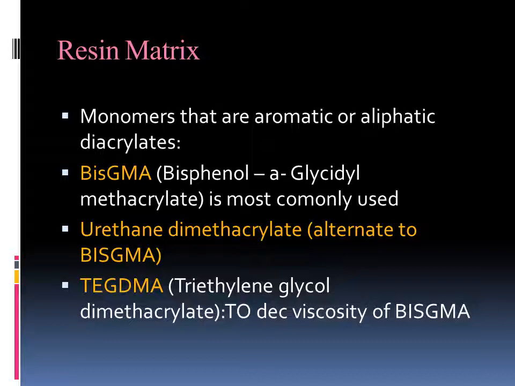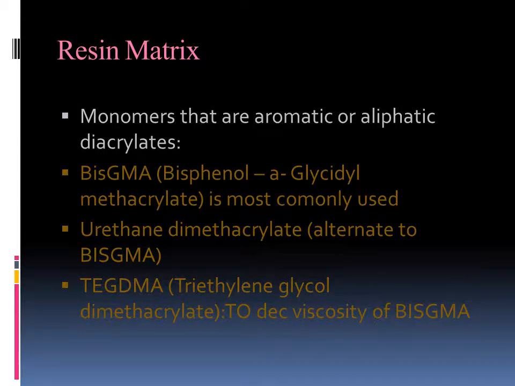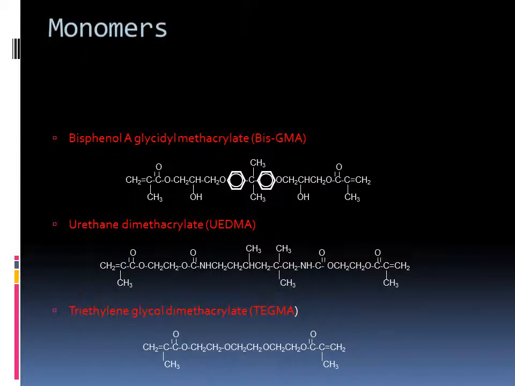Then you have urethane dimethacrylate or UDMA. It may be used in place of BIS-GMA. And then we have the TEG-DMA, which is triethylene glycol dimethacrylate. This is added to decrease the viscosity of BIS-GMA. So the resin matrix may be composed of BIS-GMA and TEG-DMA or simply just urethane dimethacrylate or UDMA.